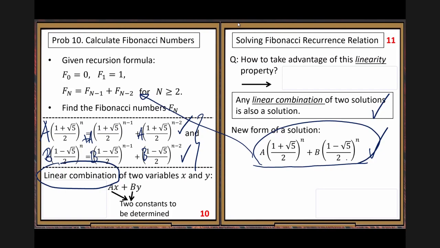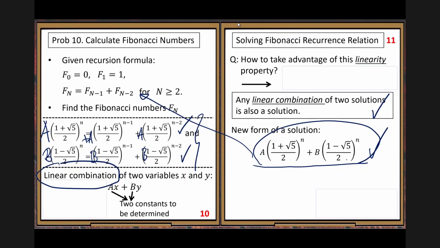If you have a square term, the structure is completely messed up, and you cannot do this. Fortunately, here we have the linear structure. It works perfectly. All right, let's continue.